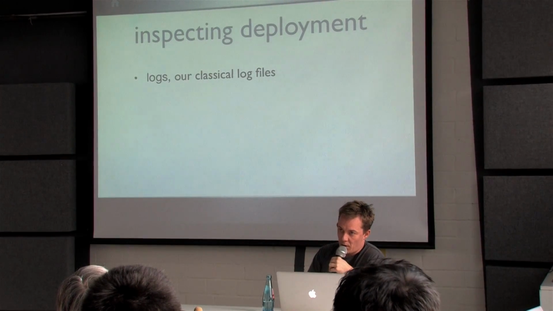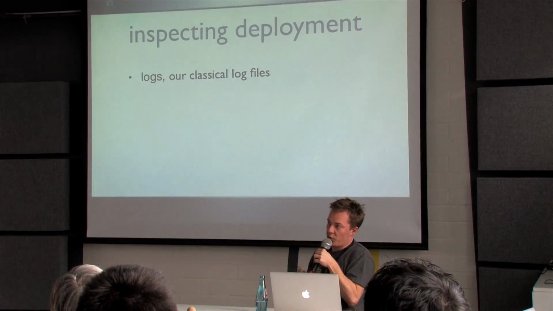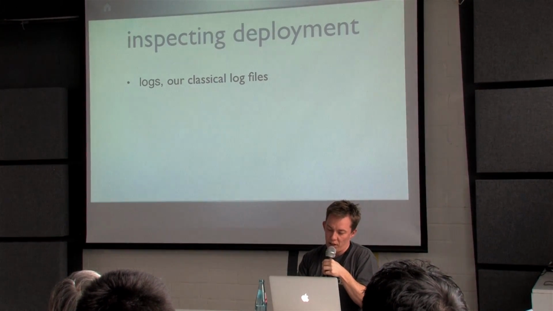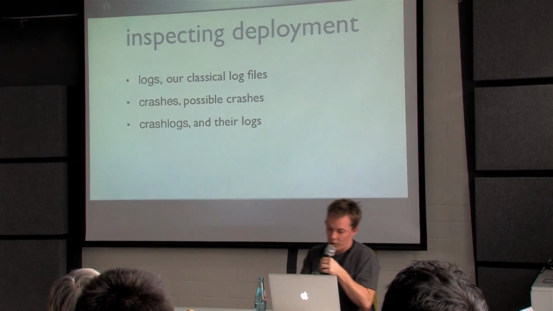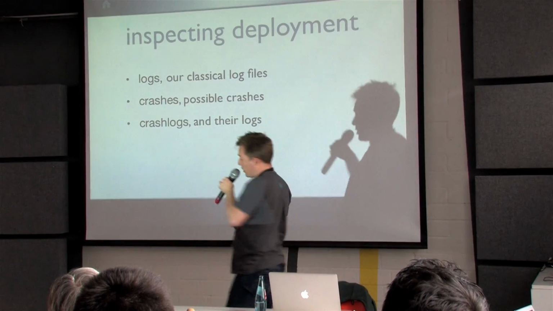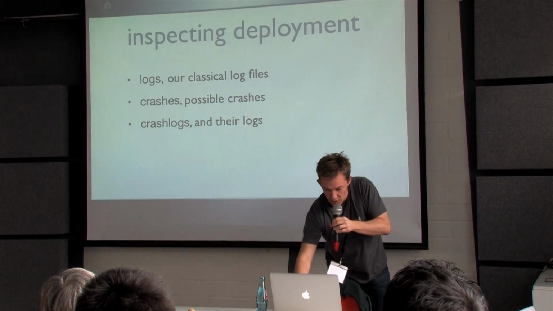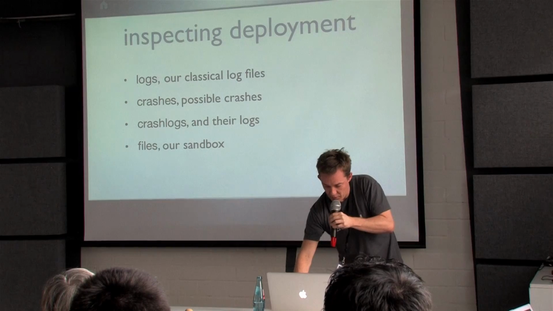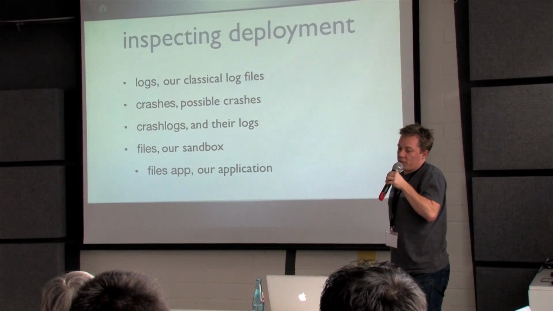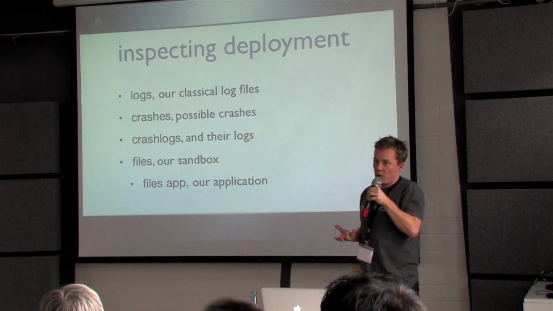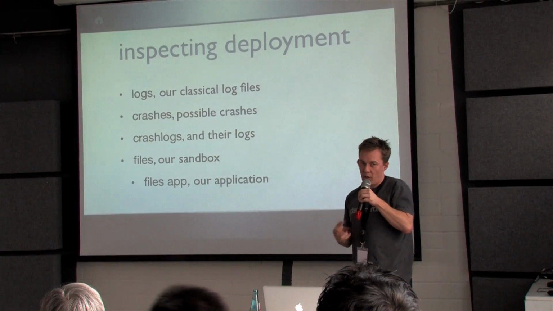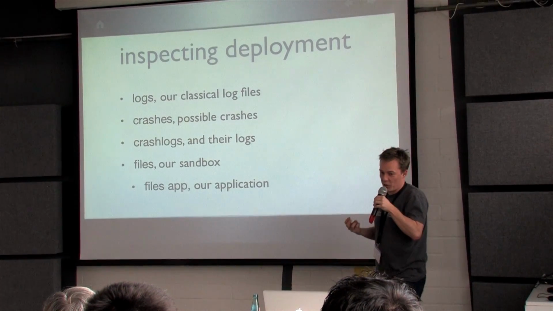So, as a developer, it's often difficult to get access to all the stuff you need, like logs and whether crashes happen, because operations people are in control of these things, and crash logs and files and whatnot. So from the Stackato command line application, I'm going to try to make up for the time we lost. I'm really sorry.